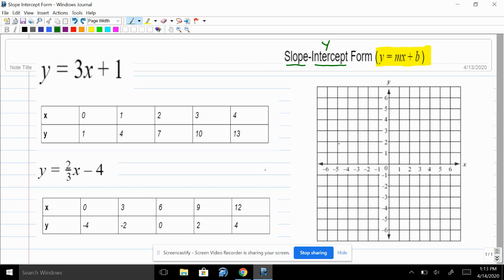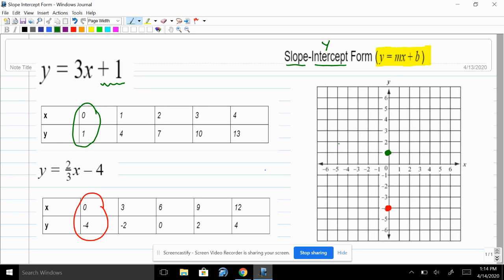If you notice in this first one, we got 0, 1 as our first point, which would be right there. In our second equation, we have 0, -4, which would be right there. Those are the respective y-intercepts for those graphs. Now, why is that important?